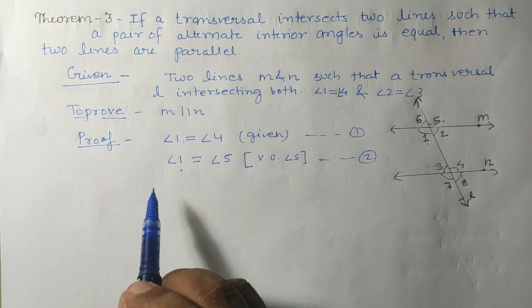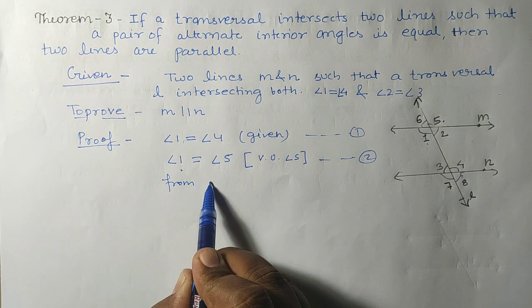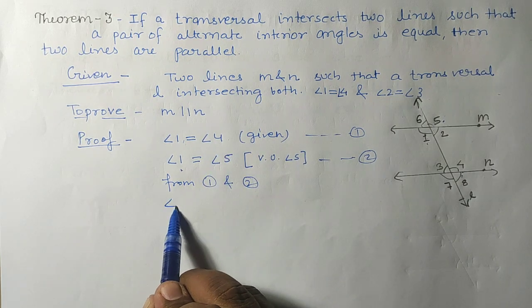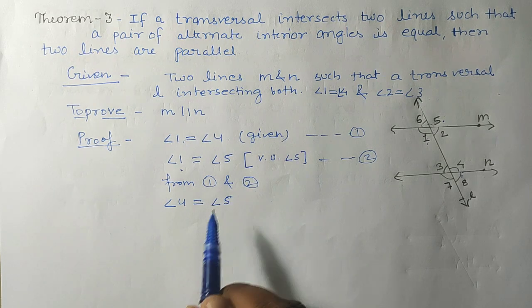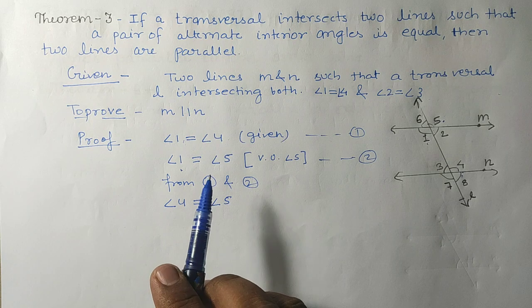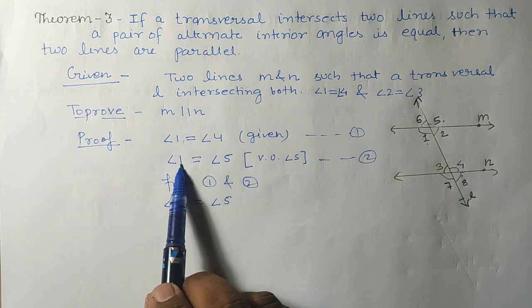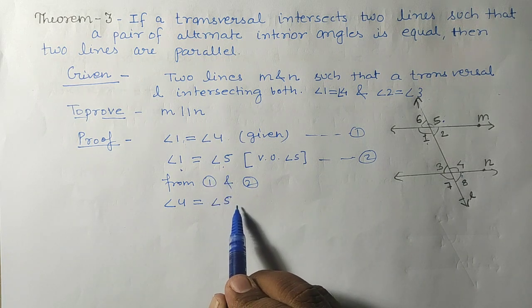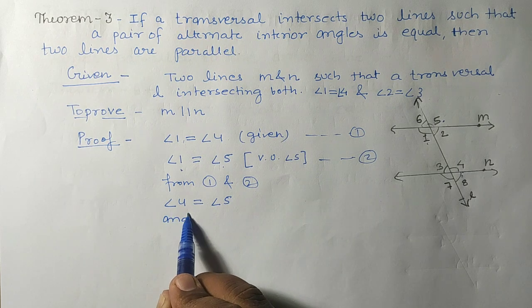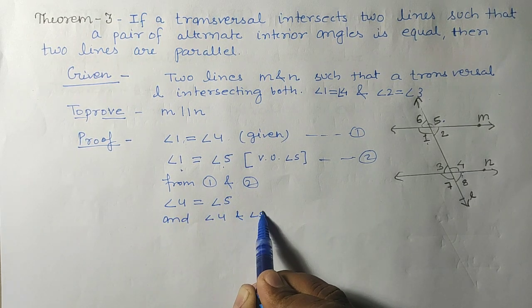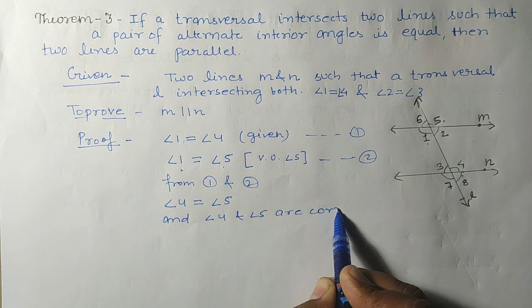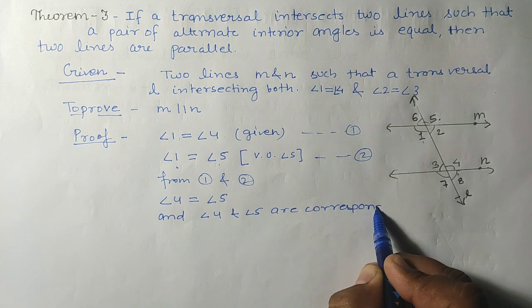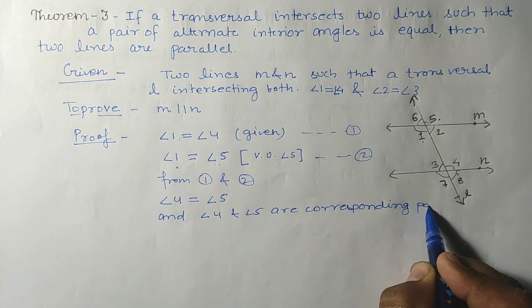So from equations 1 and 2 we can see that angle 4 is equal to angle 5. Why? Because things which are equal to the same thing are equal to each other. Angle 4 and angle 5 are corresponding pairs, so we write corresponding pairs.